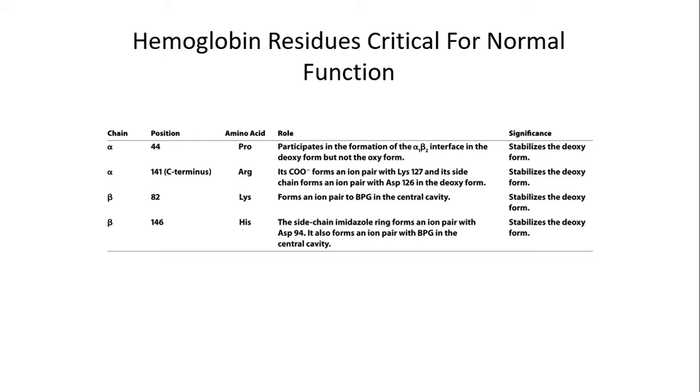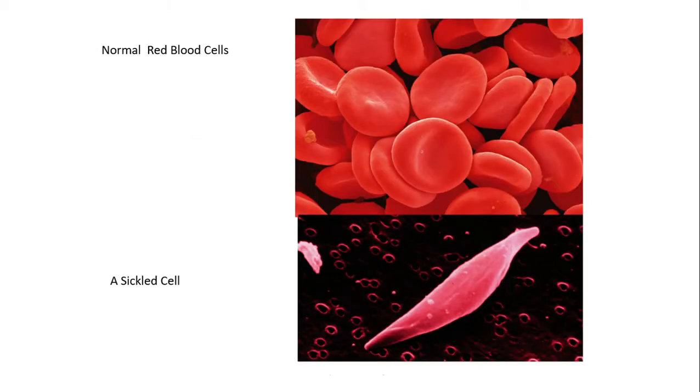The protein could be locked in the T state or the R state. Increased propensity for oxidation of Fe2+ to Fe3+. Remember, Fe2+ binds oxygen, Fe3+ does not, and others could result in decreased protein stability.